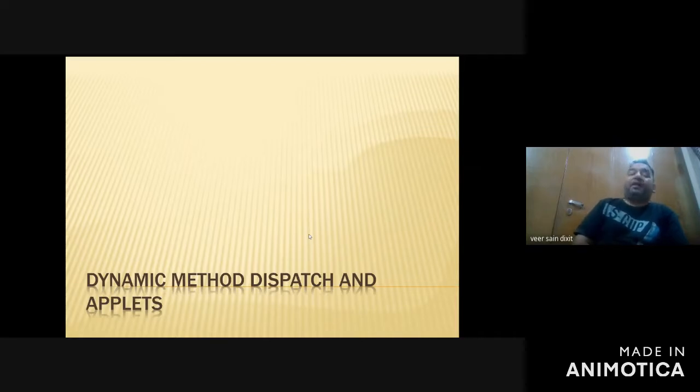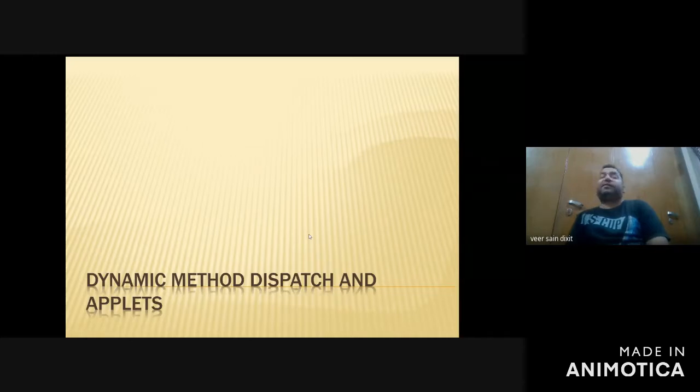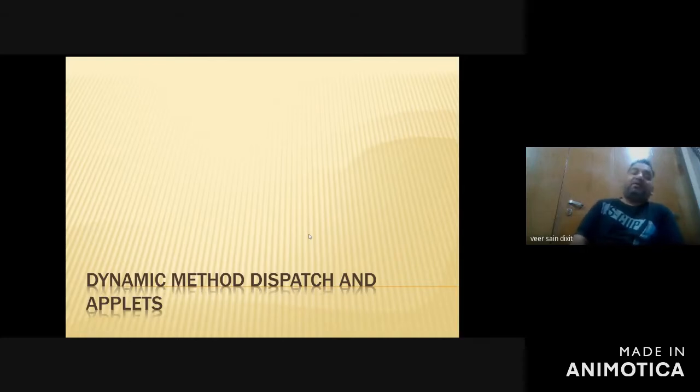We will create a reference of the superclass, and we will pass the object reference of a subclass into the superclass reference, and whichever method we want to execute, we assign that subclass object reference to the superclass reference, and we can access the method of that subclass. So this technique is known as dynamic method dispatch.